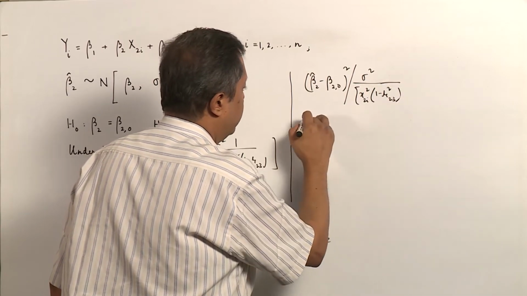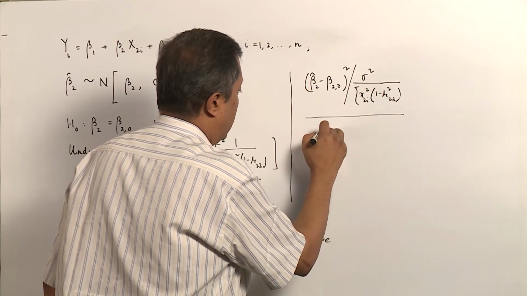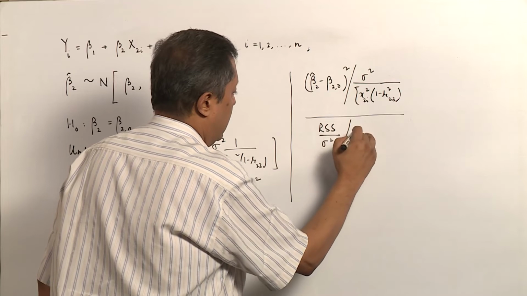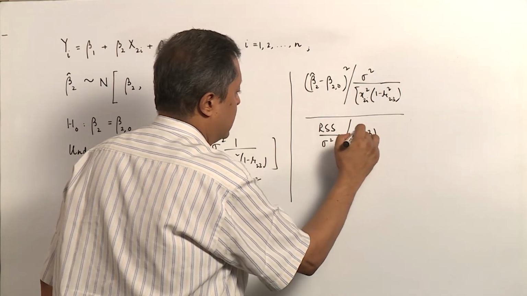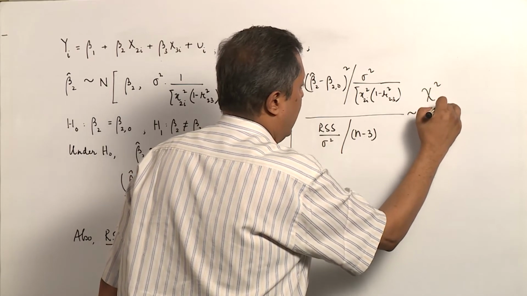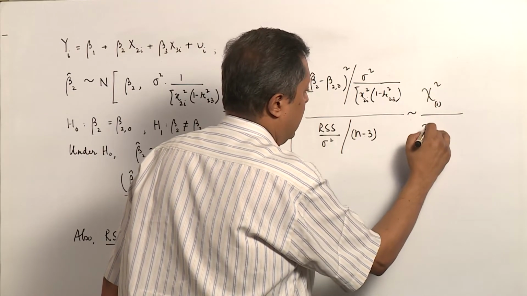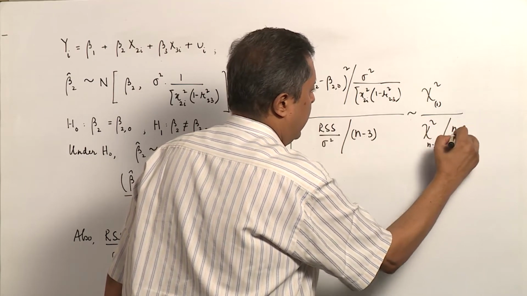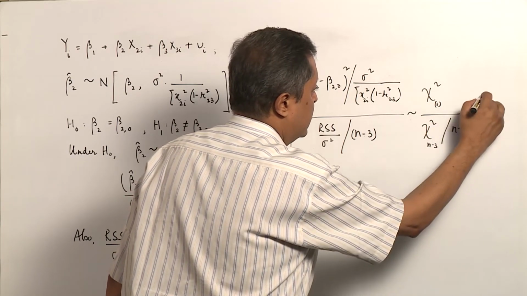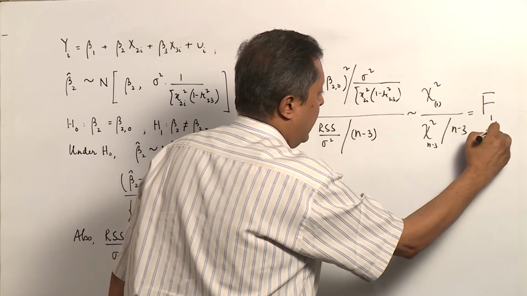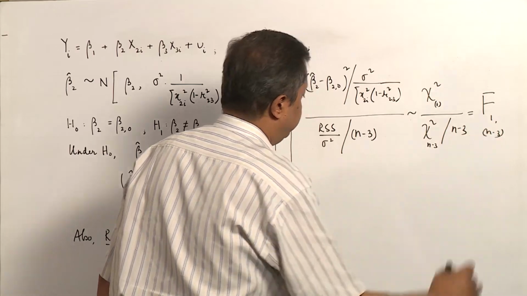This whole thing divided by RSS, the residual sum of squares, by sigma square divided by n minus 3, that is basically chi-square 1 divided by chi-square n minus 3 divided by n minus 3, which gives us the F distribution with degrees of freedom 1 and n minus 3.